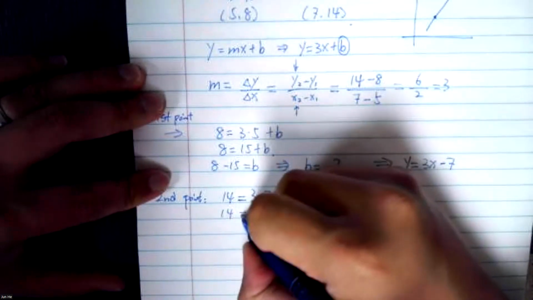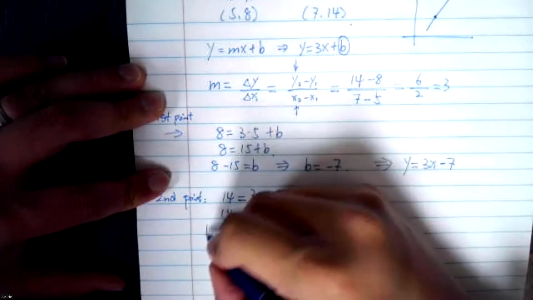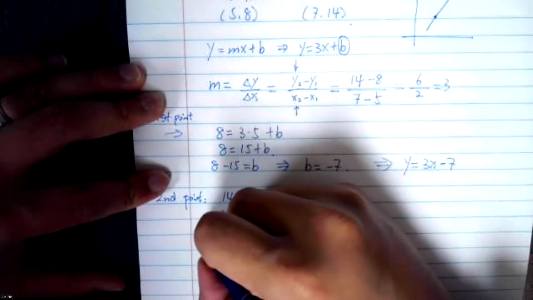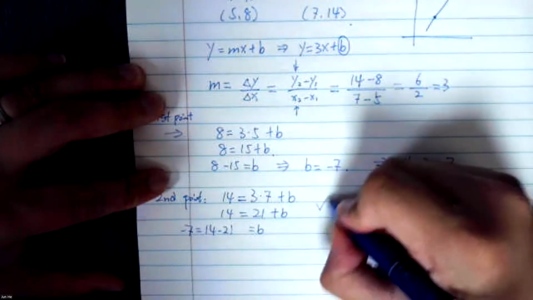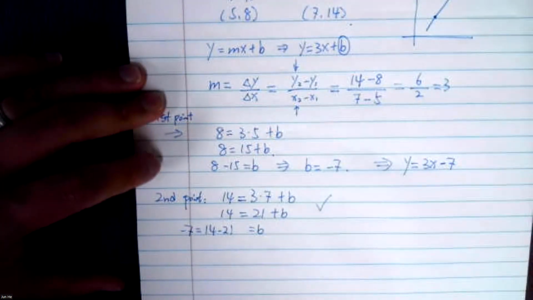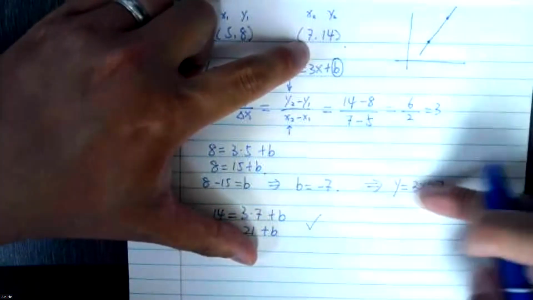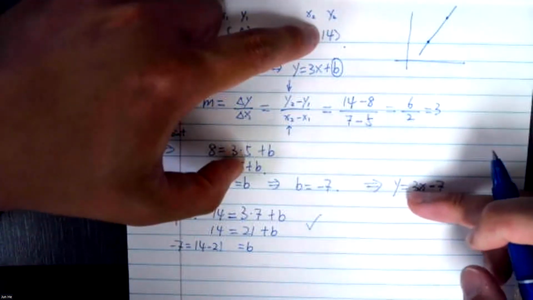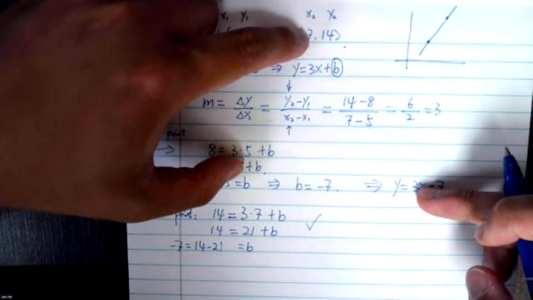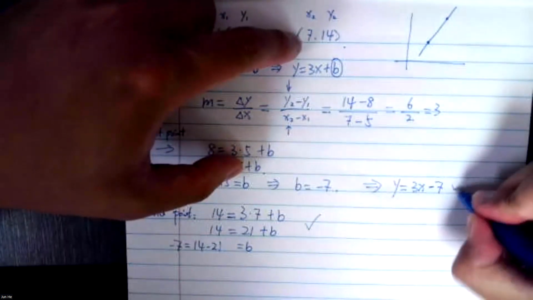So it's 14 equals 21 plus b, and b equals 14 minus 21, which is minus 7. So here we have the same finding. The result is checked. Or you can plug those coordinates into your finding for the first point to double check. So here 14 should equal 3 times 7, which is 21, minus 7, that's 14. So this is good.